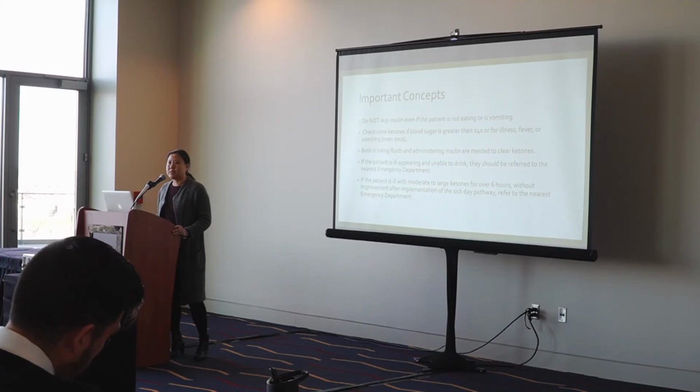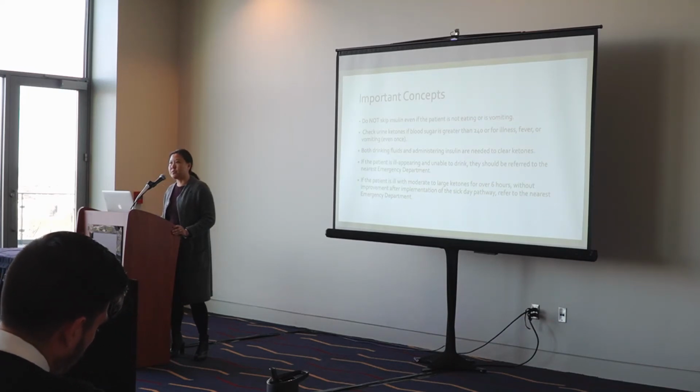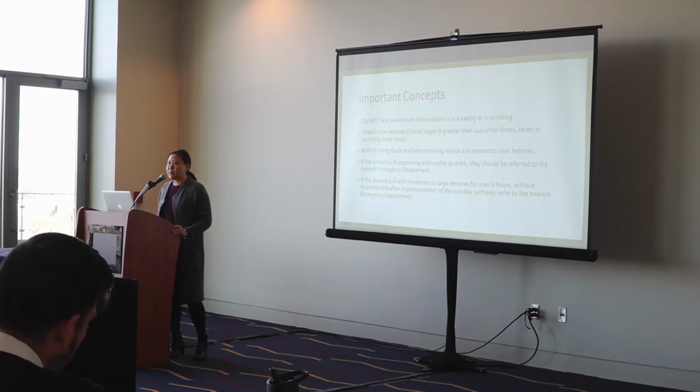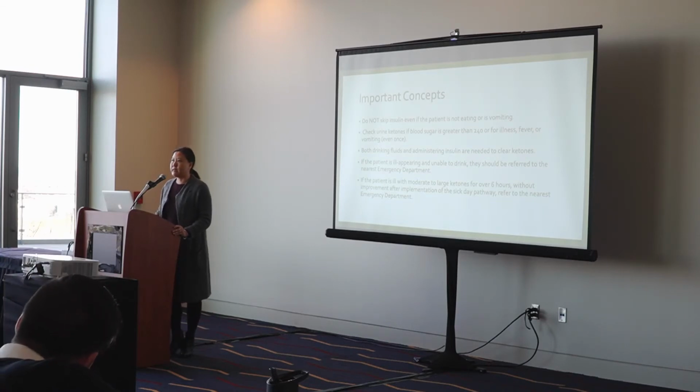They're instructed to check urine ketones if their blood sugar is over 240. However, if you can imagine a 6-year-old who has not been eating very well and is sick and has all those counter-regulatory hormones to insulin, her sugar may be 100, but she's vomiting. They should check ketones anytime that they are sick as well.